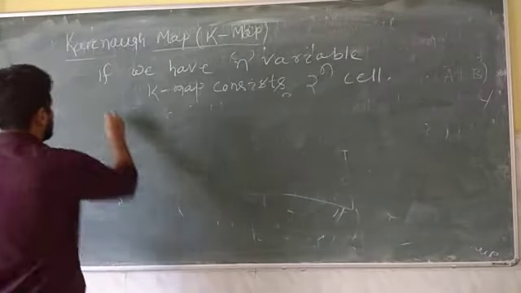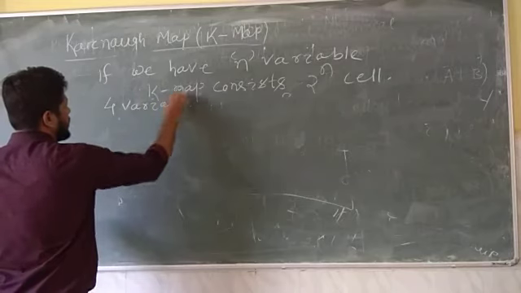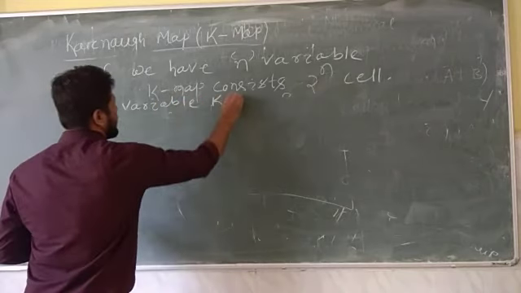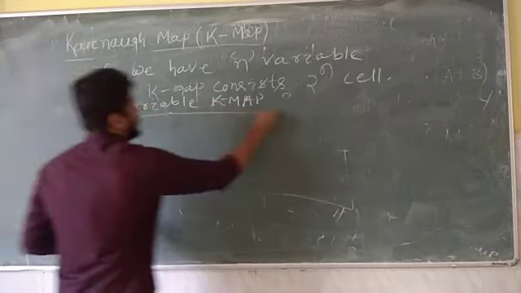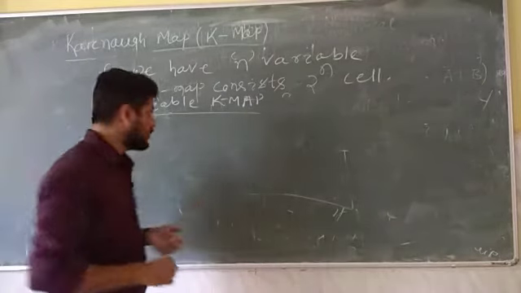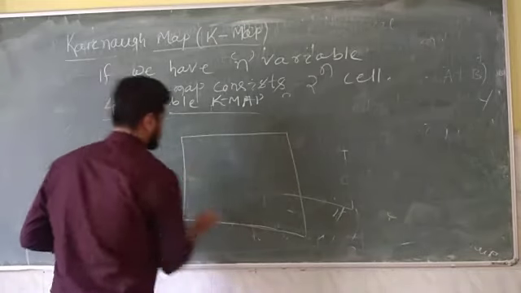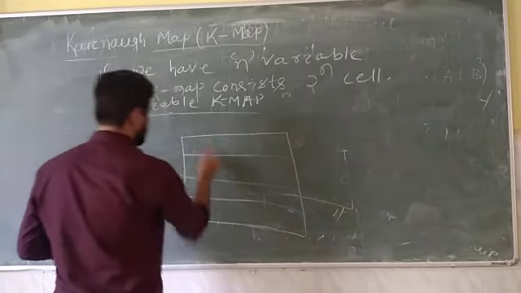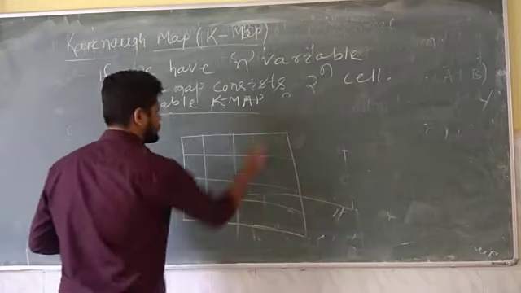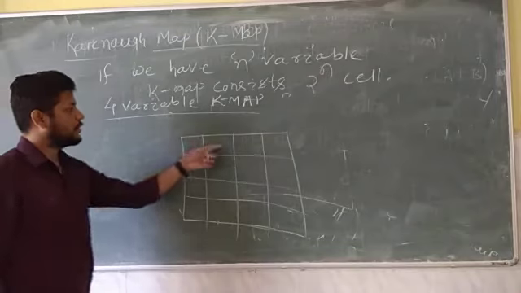Four variable. So the number of variables is 4, so the K-map consists of 16 cells. Here you can see we have 16 cells.